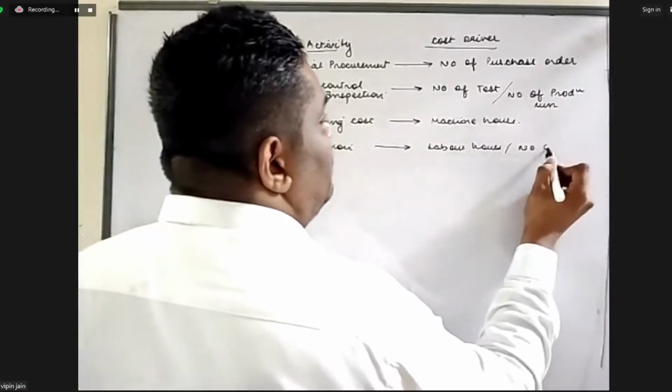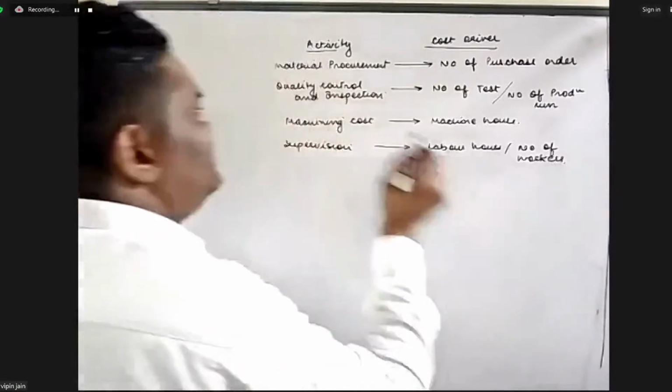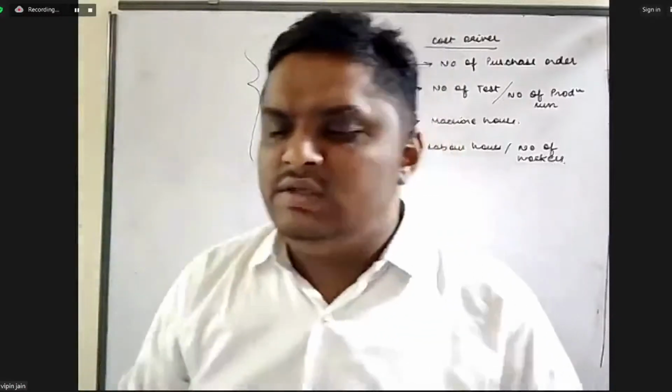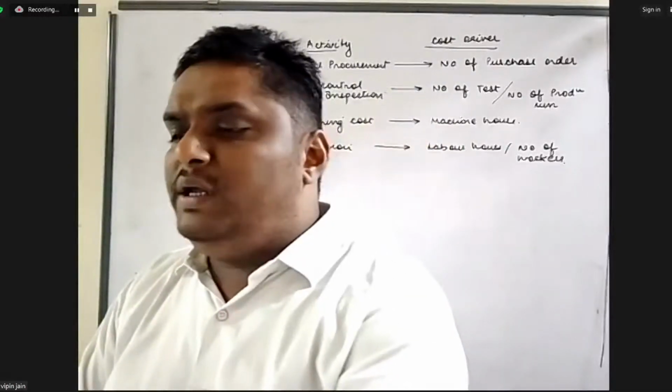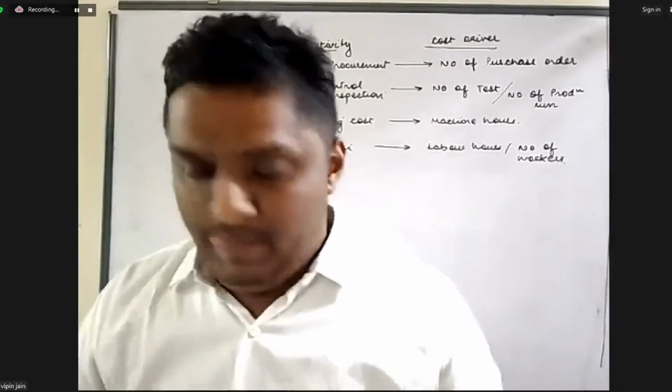So these are a few examples of activity and the cost driver, that is, what will be the cost driver of a particular activity. Rest you guys can refer to the study material.